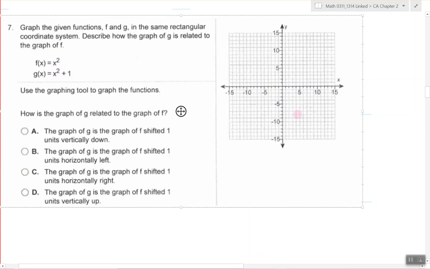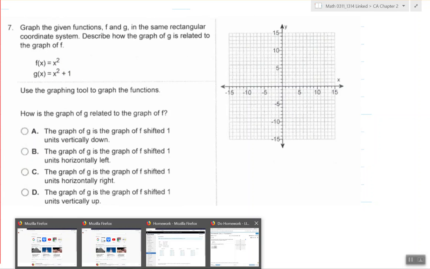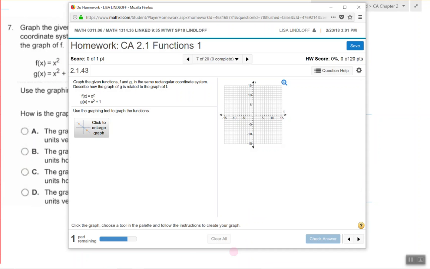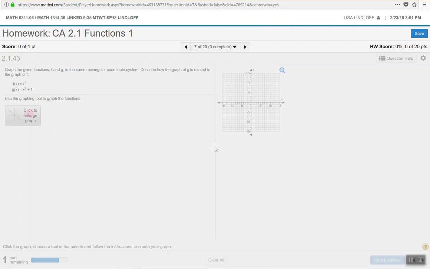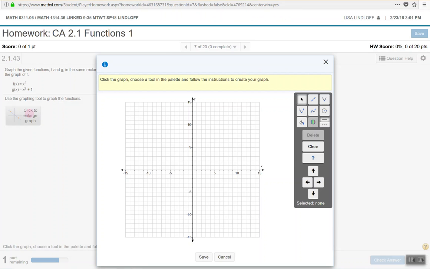Rather than try to draw it here, I wanted to show you what it would look like in my MATLAB. So I've got the same question in my MATLAB, and I'm going to ask it to enlarge this. All right. Last time we graphed a line. This time we are graphing what's called a parabola.